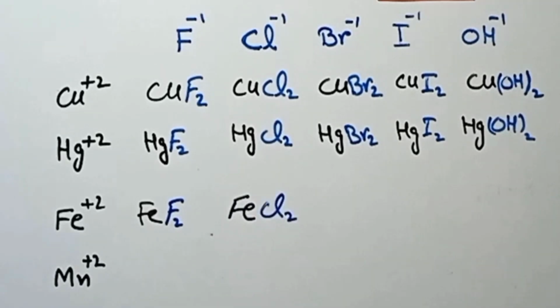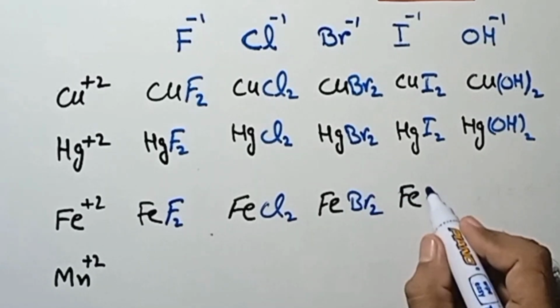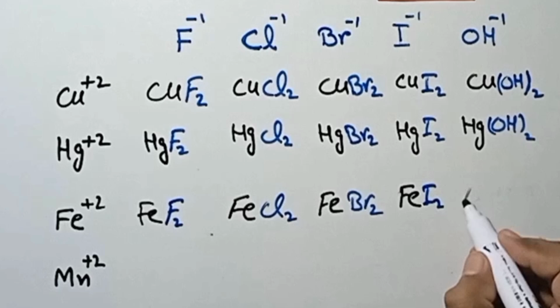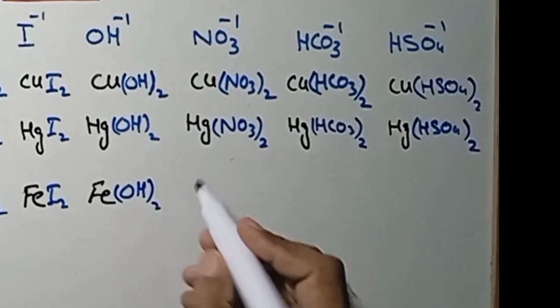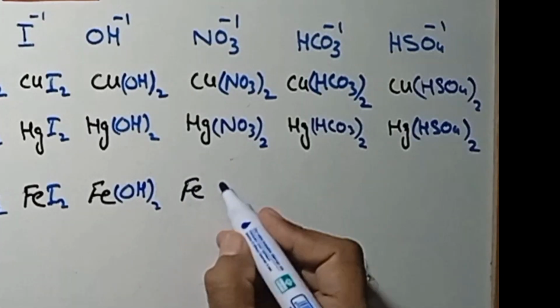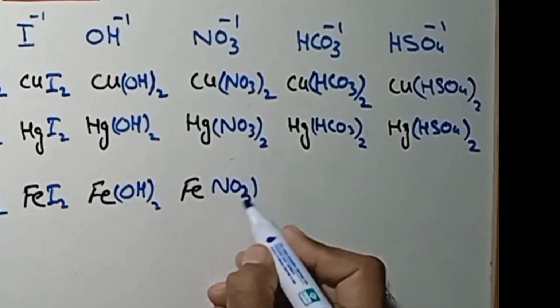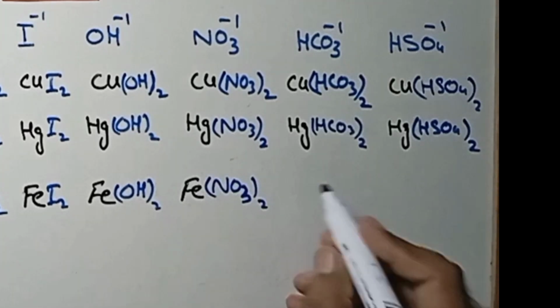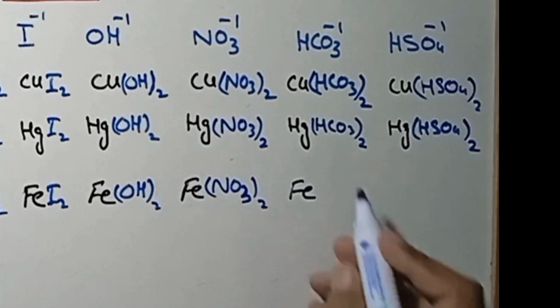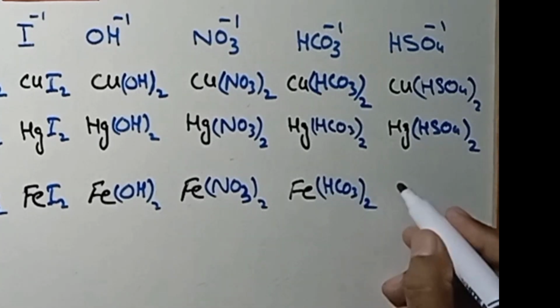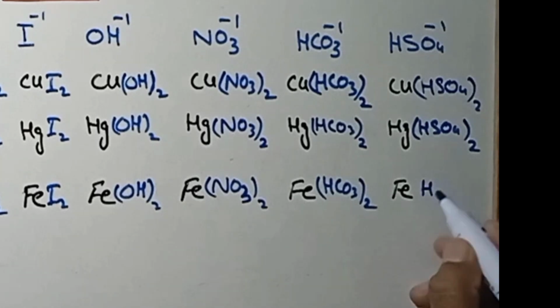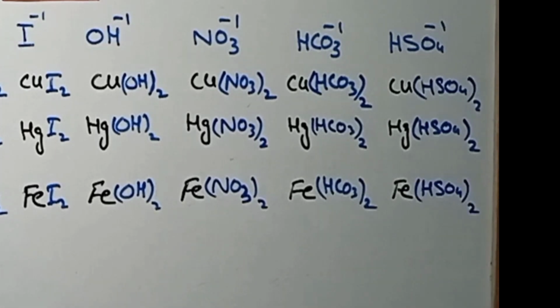FeCl2, ferrous chloride, FeBr2, ferrous bromide, FeI2, ferrous iodide, Fe(OH)2, ferrous hydroxide, Fe(NO3)2, ferrous nitrate, Fe(HCO3)2, ferrous bicarbonate, Fe(HSO4)2, ferrous bisulfate.